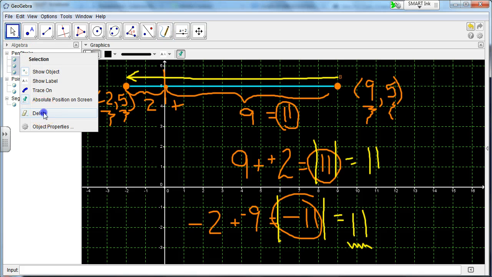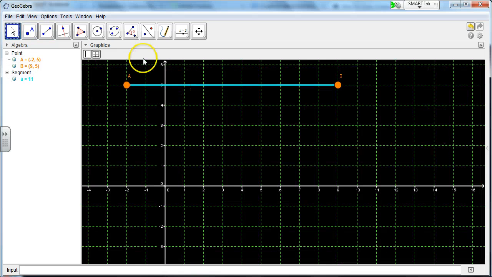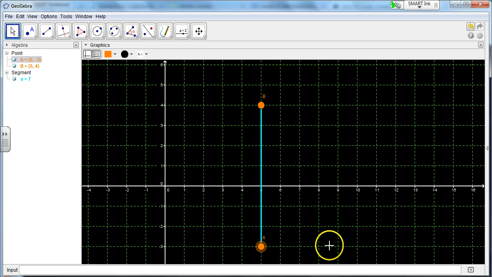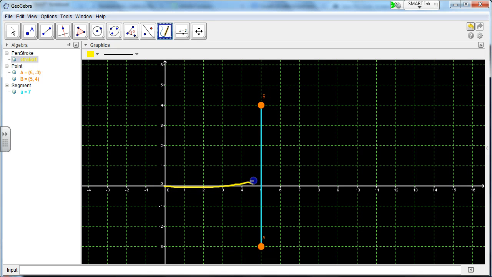Okay? Let's try another one here. So let's do a vertical segment, and let's say that B is going to be at 5, 4, and let's put A down here at 5, -3. So let's look at this. We have to go over 5, and we have to go up 4, right?